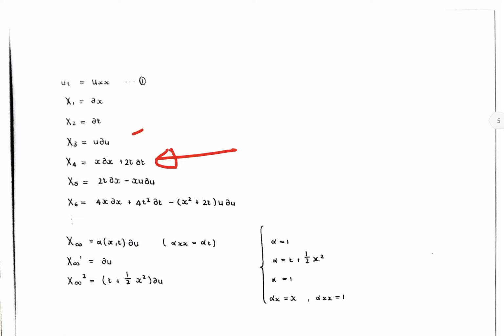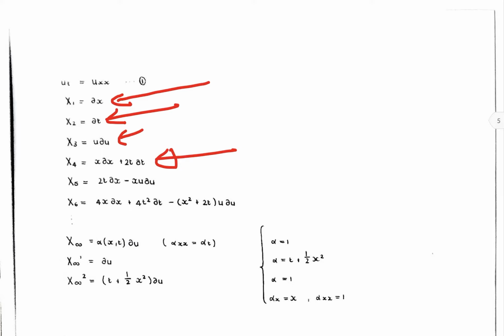And there's a scaling in u, which is d/du. There's translation in time. There's translation in x. In a variational system, translation in x will be associated with conservation of linear momentum, and translation or invariance in t will be associated with conservation of energy. But that is another story.